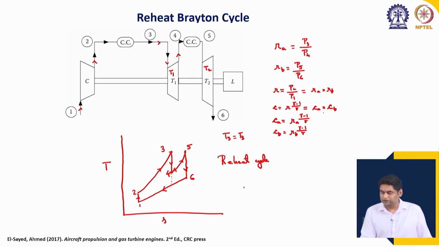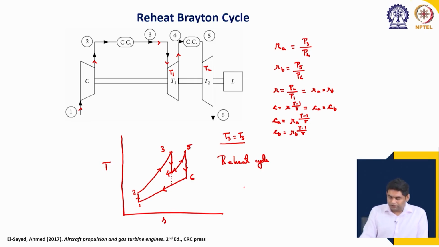So, this means that C is equal to C A into C B, and we have already discussed that it is generally assumed that T 5 equal to T 3, so that we get maximum heat addition. Why would we go to a value which is lower than the limiting temperature which can be used for that material? And of course, we cannot go to a higher temperature because that is not possible, or the turbine is going to fail.